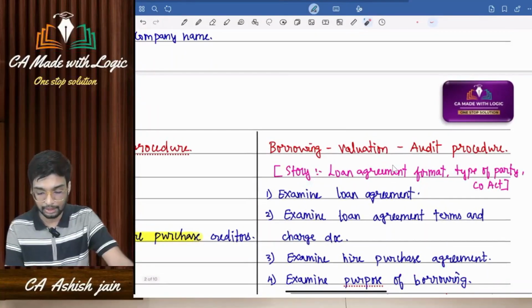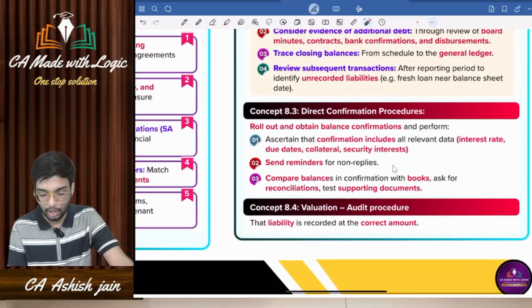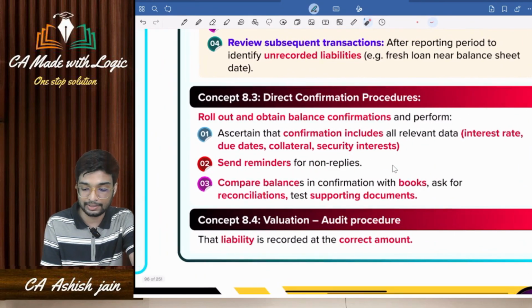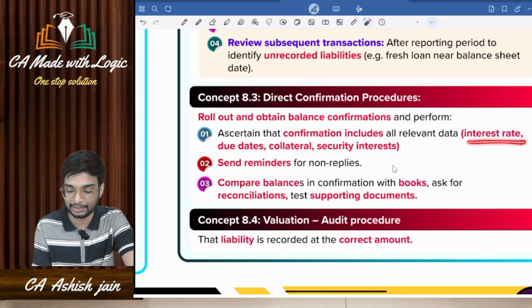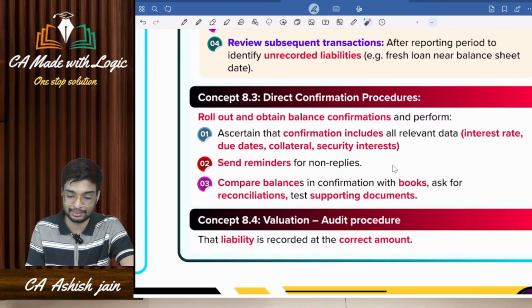Then comes something very important, which is related to the direct confirmation procedure. Direct confirmation procedure is nothing but ascertaining that the confirmation includes all relevant data related to interest rate, the due date, the collateral, the security, etc. He will send a reminder for non-response.